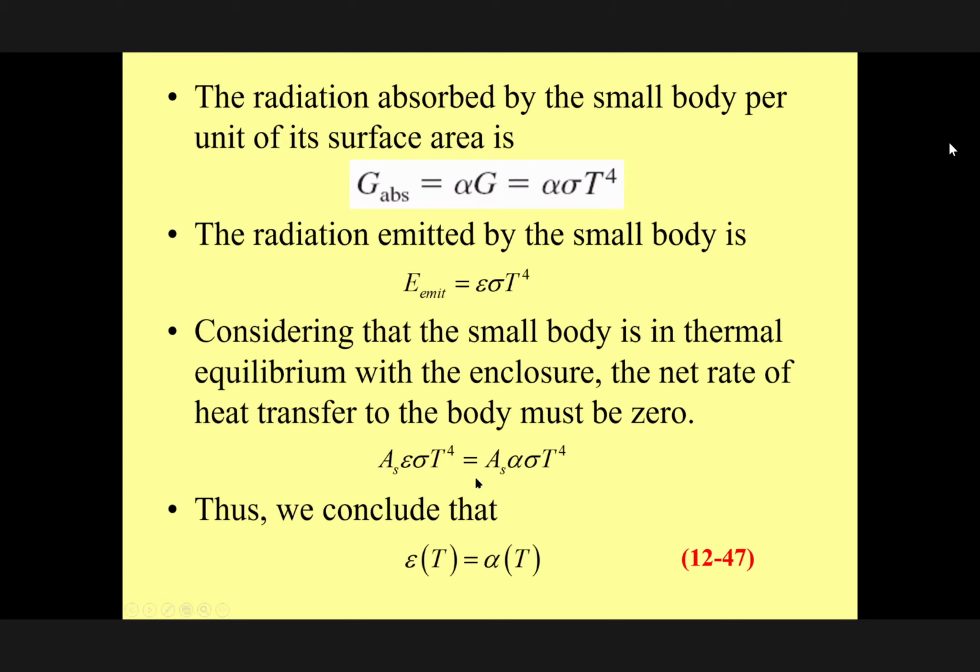Therefore, if we use this concept of Kirchhoff's law, or summation of energy, or energy balance for a small surface, we get this conclusion. Therefore, the alpha is equal to the epsilon, the emissivity of the material. Okay. Therefore, absorptivity is equal to emissivity.